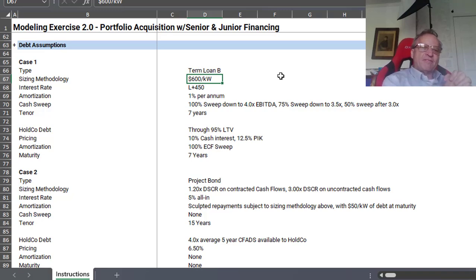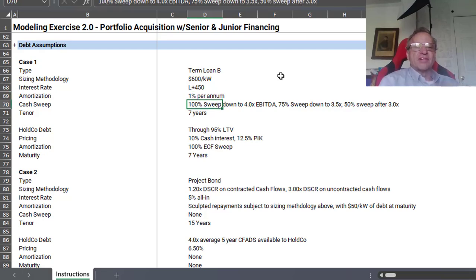And they put a very, very small amortization in. So you have to, in your debt schedule, you'd have to put that 1%. But then they had 100% cash sweep. And then they had a little bit of criteria on the cash sweep, where this cash sweep depends on the debt to EBITDA.